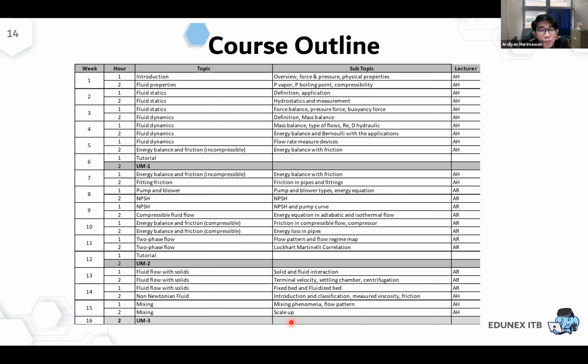It means we need to increase the volume of the product. If we want to increase the volume of the product, of course, we need to increase the volume of the raw materials, and also we need to increase the size of the equipment.